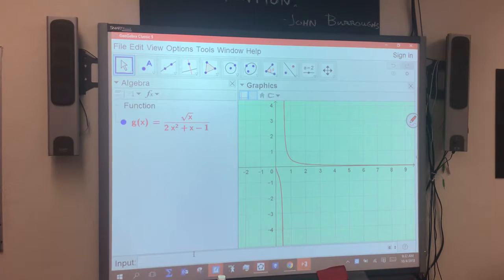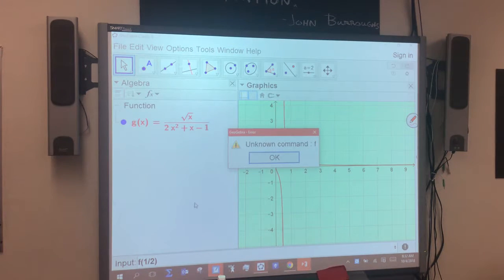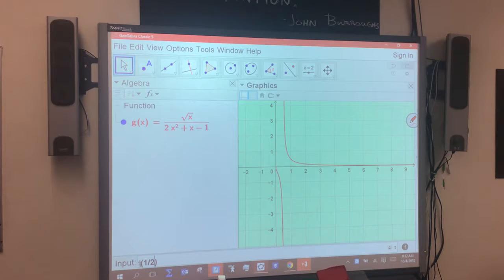But if I ask this thing to evaluate at g of 1/2, it gives me infinity back, okay? Meaning that when I plug 1/2 in, I get a value that is undefined. Does that make sense? Infinity is an undefined value. We don't know what it is, okay?